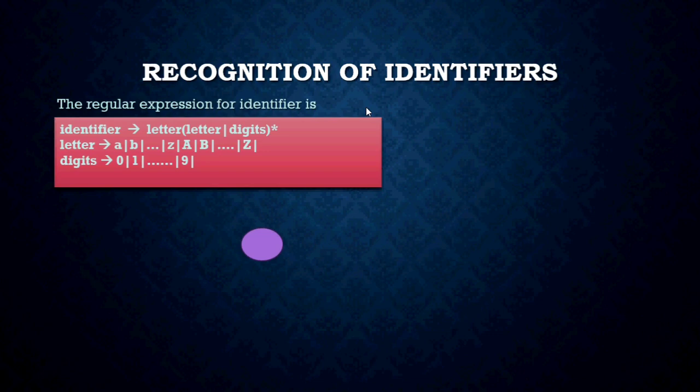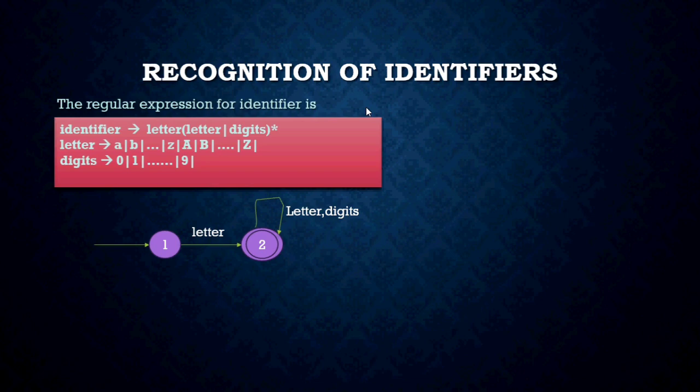Now how will you draw a state diagram for this? For instance, we will have a state diagram like this. There are two states here. One is an initial state and another is a final state. The initial state is state number 1 and the final state is state number 2. The rule of an identifier is that it should start with a letter.